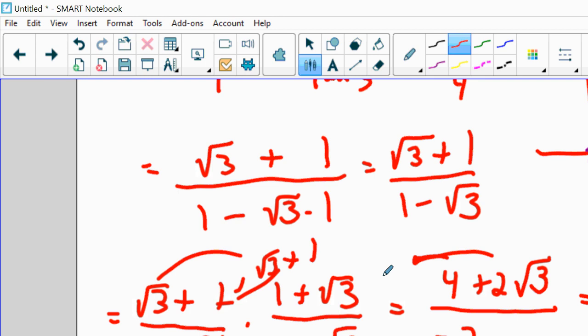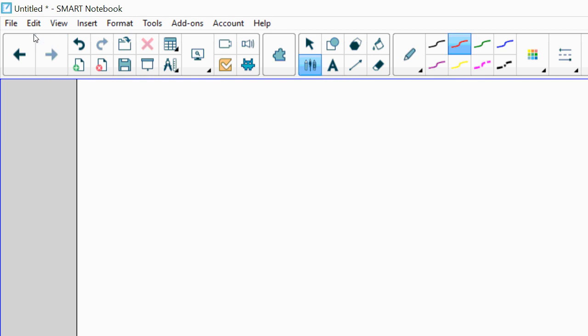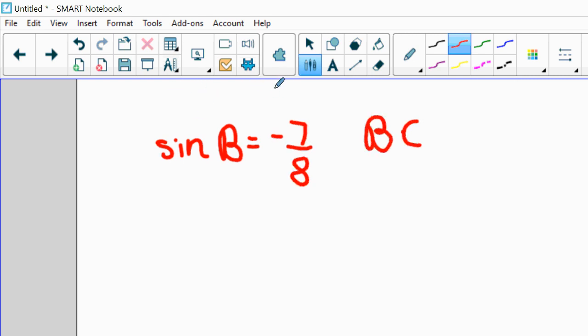And then they do some applied stuff that we are not really focusing on just yet. But then there's the classic problem, like sine beta equals negative 7/8, and beta is going to be negative, let's say in the fourth quadrant.